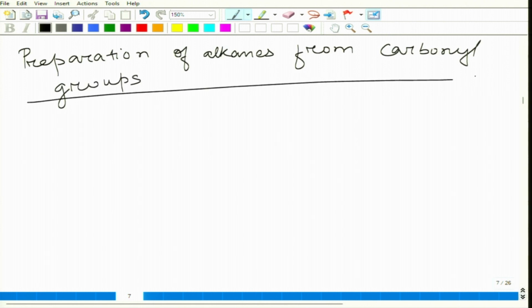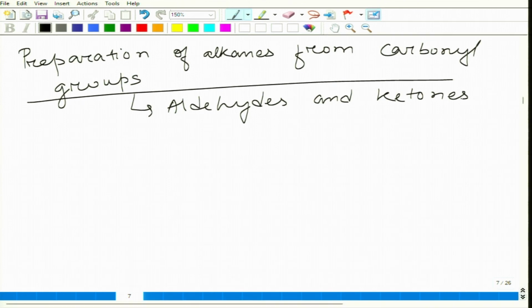Mostly aldehydes and ketones. So, what are aldehydes? Aldehydes are like this and ketones are like this.